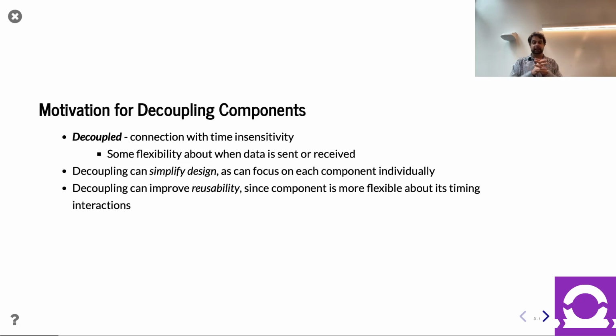But why we're excited about this productive hardware technique is that, if you do this correctly, you can make both components a lot simpler. Rather than baking in a lot of assumptions and requirements about timing interactions, we can have a decoupled interface. And when things are decoupled, they're way more reusable, because you can use them in one context with one set of timing constraints and in different contexts with a different set of timing constraints. So you want to have decoupled components. It's a good thing to do.